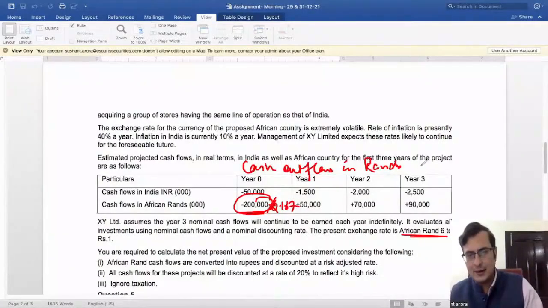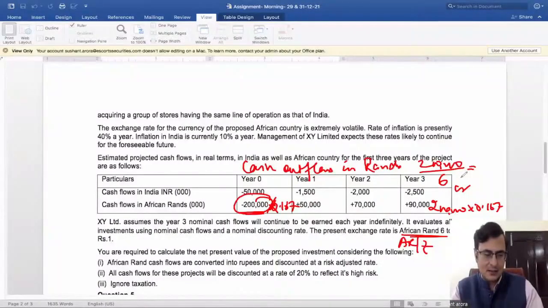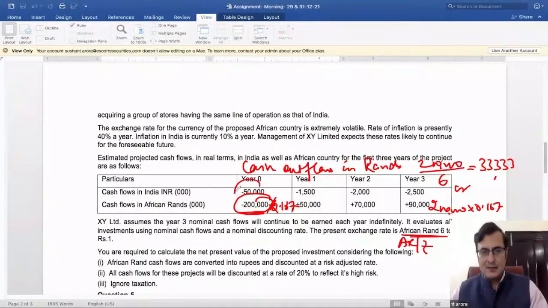You can do 2 lakh divided by 6, because this is African rands per rupee, so you have to divide. Otherwise 2 lakh into 0.167, which is 33400. If you do it the other way, another answer comes, 33333. You can take either of them. Okay, 33,330.